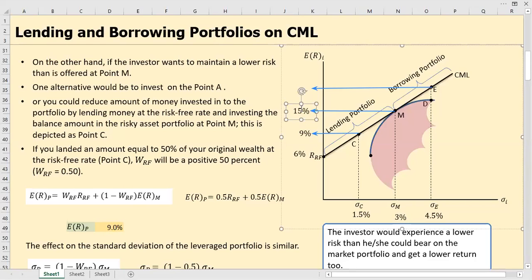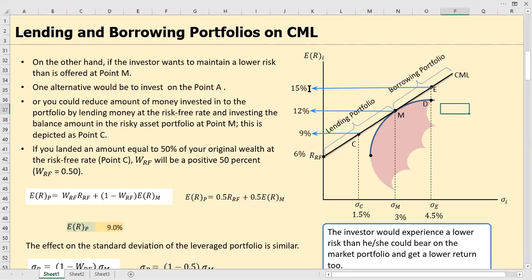That is also given in the sum, 12%, right? So if an investor needs to go for a higher return than the market portfolio, that means he will have to go for a borrowing portfolio, right?